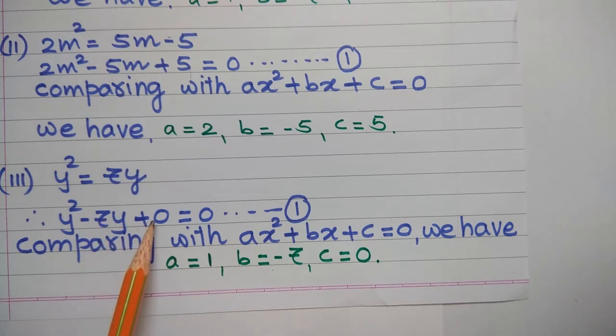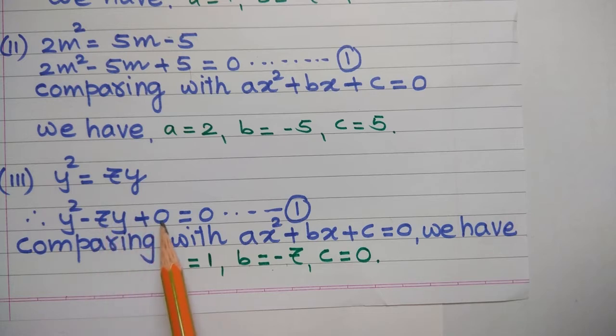As there is no constant term, I have purposely written plus 0 is equal to 0. Comparing it with the standard form ax square plus bx plus c is equal to 0, we have a as 1, b as minus 7 and the constant term c is equal to 0.